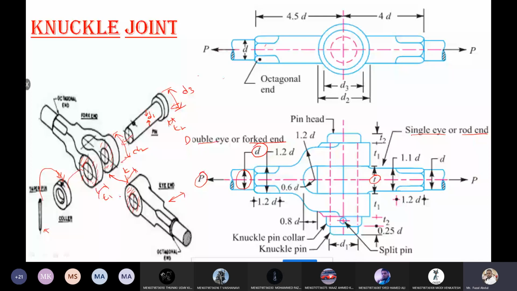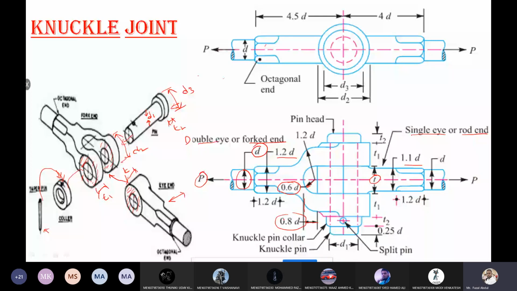Okay, and this length is given. The extension diameter of this rod is 1.1 d. The extension of the fork rod is 1.2 d, the radius of the fork end is 0.6 d, and the length from here to here is given as 0.8 d.